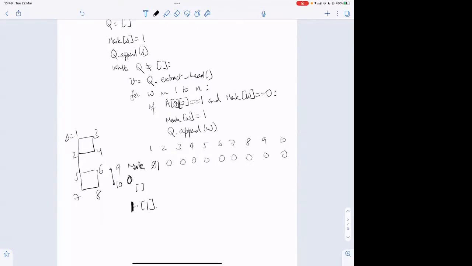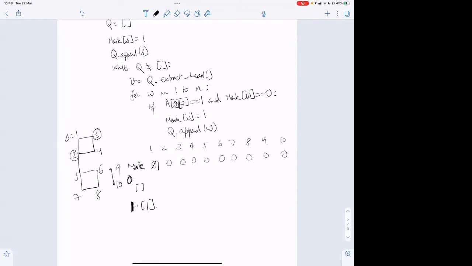Now I look at all the 10 vertices and see which are the neighbors of 1. So I will go through 1, 2, 3, 4, 5, 6, 7, 8, 9, 10, and I will find that the neighbors are these two. Correct?